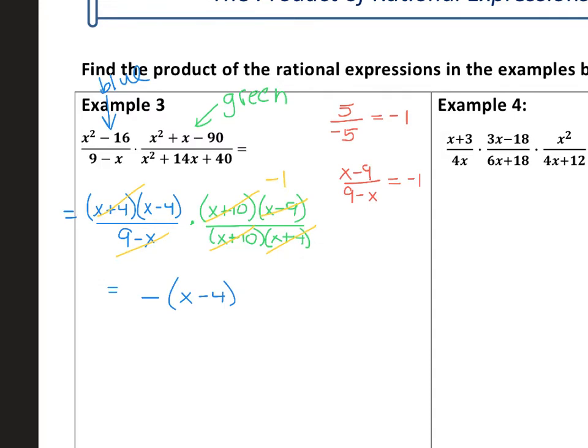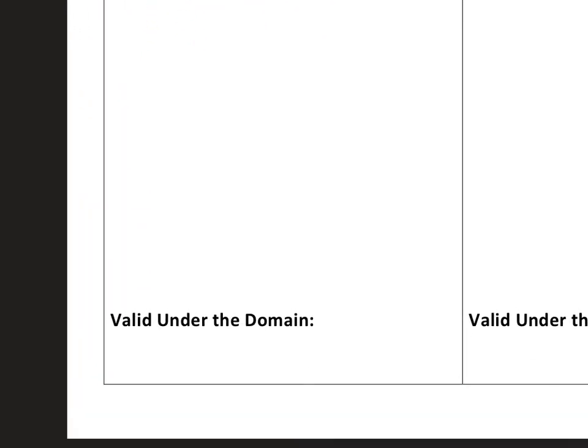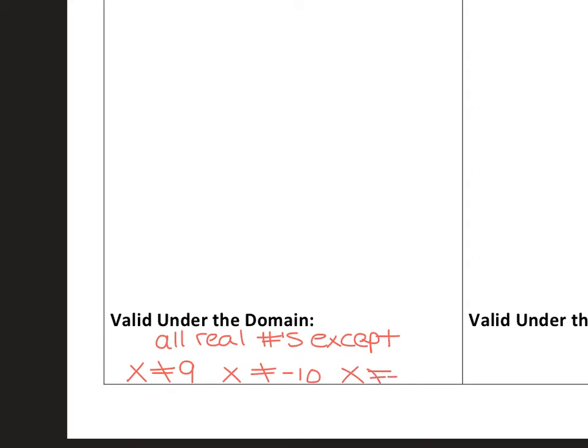So I'm going to need to exclude all of those values. So our domain, if you will, is all real numbers except, and I'm going to not write this very often. So we said x cannot equal 9, x cannot equal negative 10, and x cannot equal negative 4. All other values are acceptable.